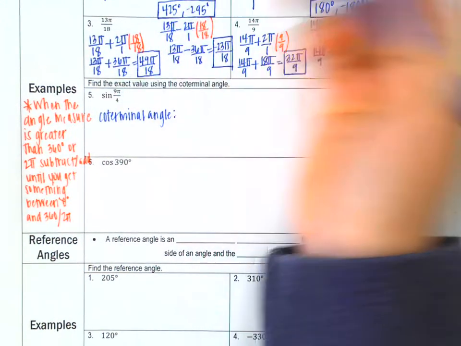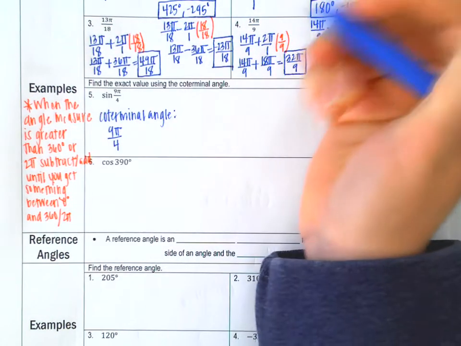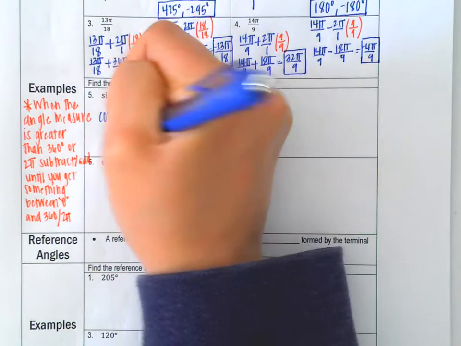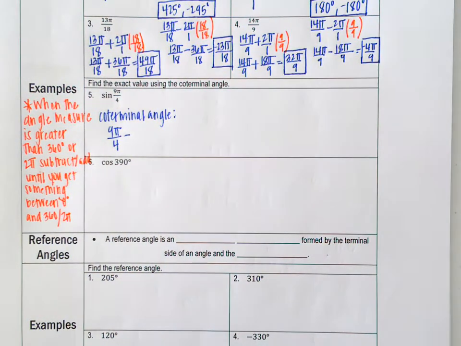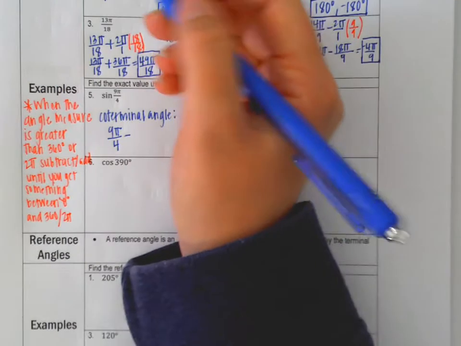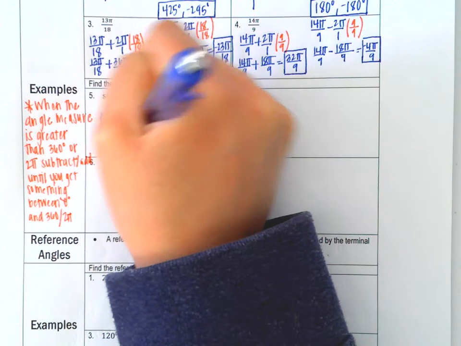Okay, so the coterminal angle of 9 pi over 4. We know that's greater than 2 pi, so I'm going to just subtract 2 pi. In my head, I get a common denominator. To get a common denominator for 2 pi, we multiply top and bottom by 4, so it's 8 pi over 4.